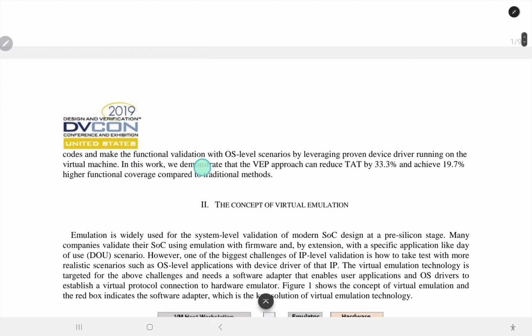In this work, we demonstrate that VEP approach can reduce TAT by 33.3% and achieve 19.7% higher functional coverage compared to the traditional method.